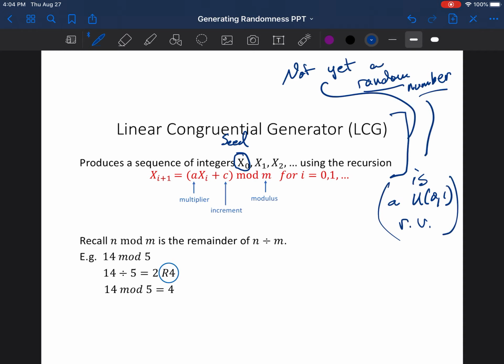Using the following recursion, we're going to say, given that you have a number x sub i, which you should think of as the input, the multiplier, the increment, and the modulus, which we call a for the multiplier, c for the increment, and m for the modulus. These are all fixed constants.